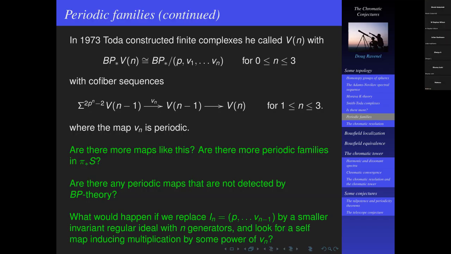And then we might get a finite complex with a self map inducing multiplication by some power of V sub n rather than V sub n itself. So these are all questions that I was wondering about at the time. And again, we're still in the 70s.